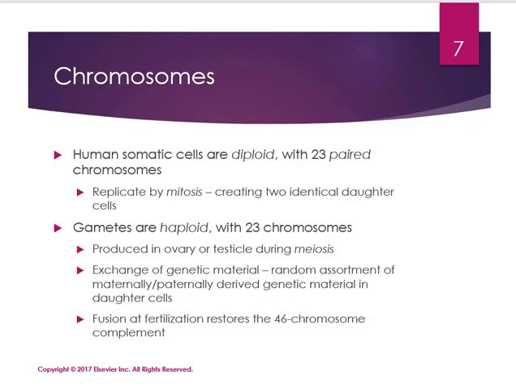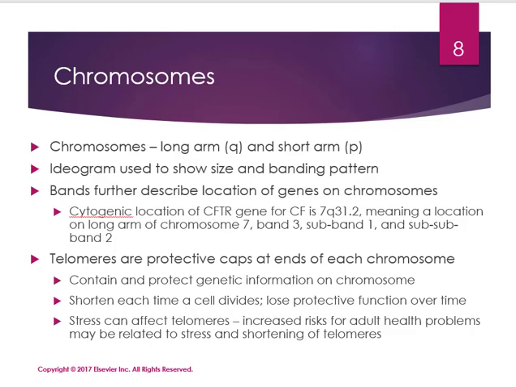And there's a random assortment of mom and dad genetic material in the daughter cells. When fertilization occurs, there is the fusion of those cells, and then the 46 chromosomes complement is restored.